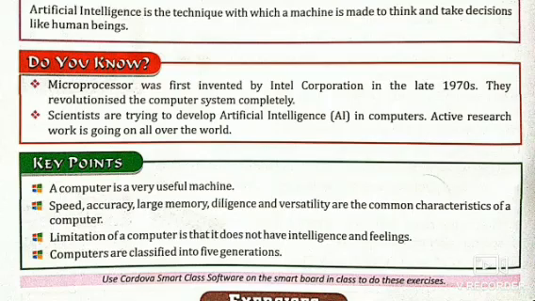Third, the limitation of a computer is that it does not have intelligence and feeling. And fourth, computers are classified into 5 generations. Okay, so students, your first chapter is completed and revise it yourself. Okay, thank you.